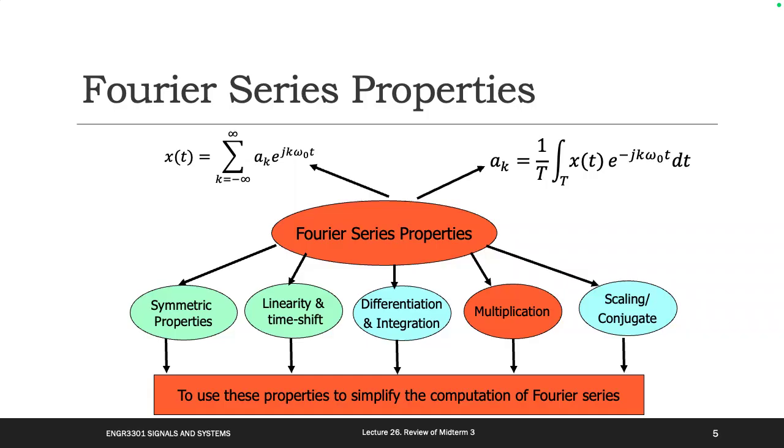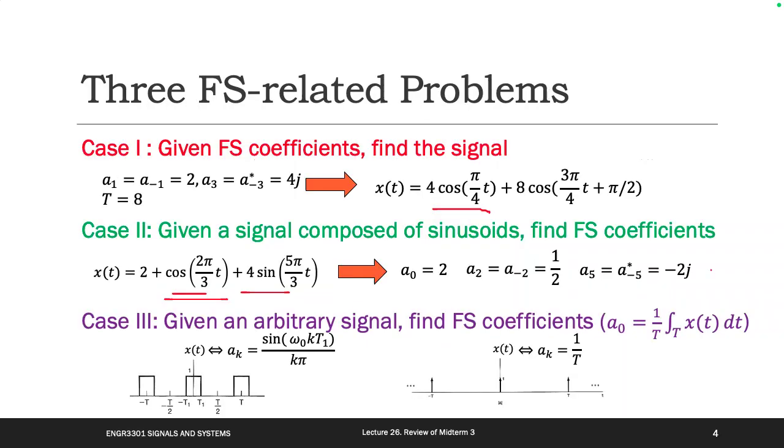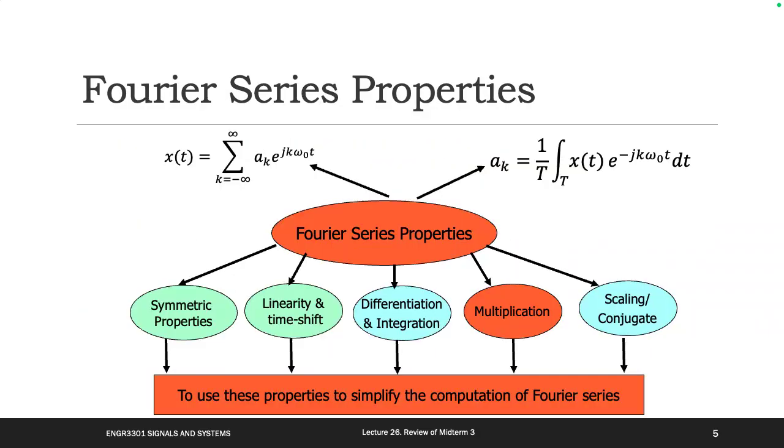Okay, and actually for chapter 3, we spent a lot of time on that, am I right? But it seems very simple, right? We just talked about 3 different problems and tried to resolve case 3, and then we learned many properties.